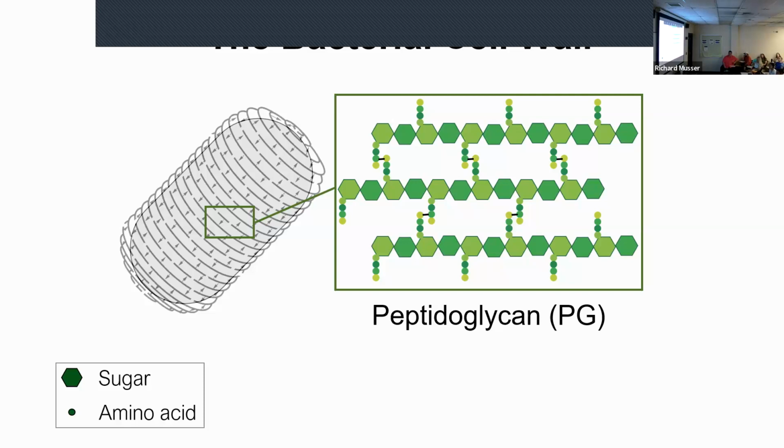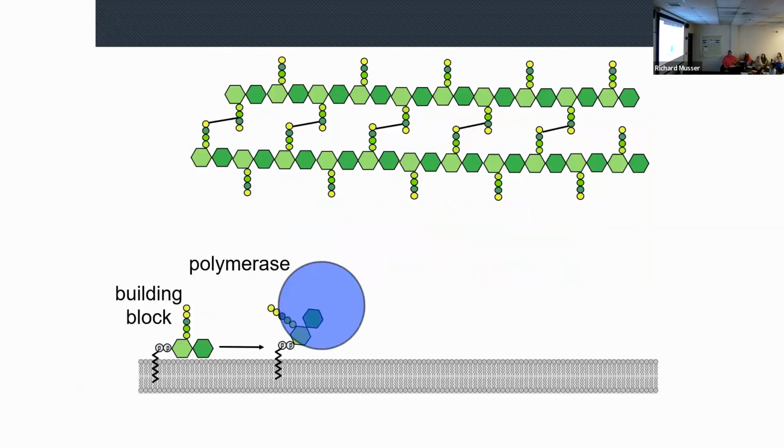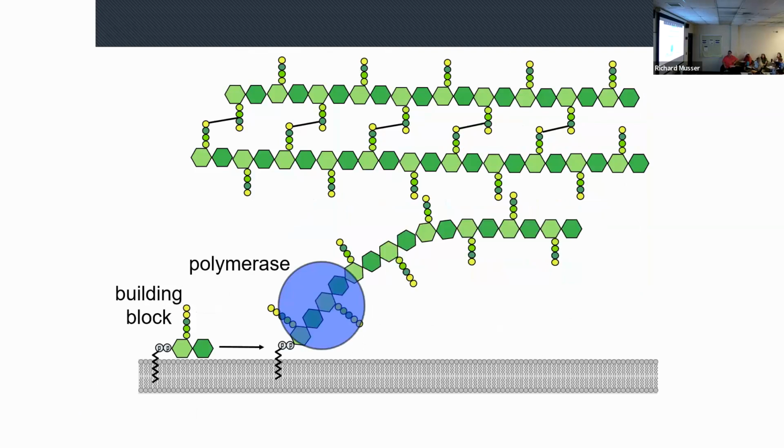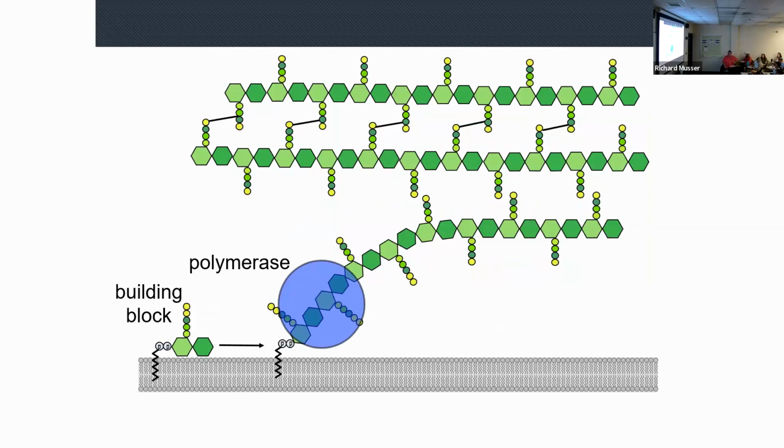And because you have two components to the peptidoglycan, the sugar and the peptides, you need two distinct reactions to form it. The first is a polymerase reaction, which polymerizes those sugar chains. So polymerize the disaccharide building block into a long glycan chain.